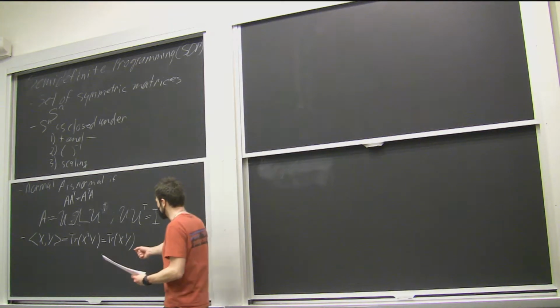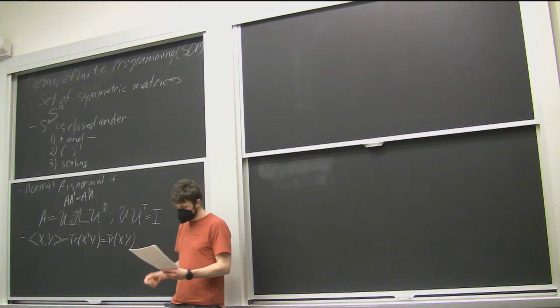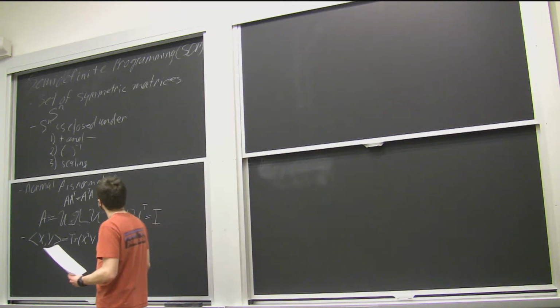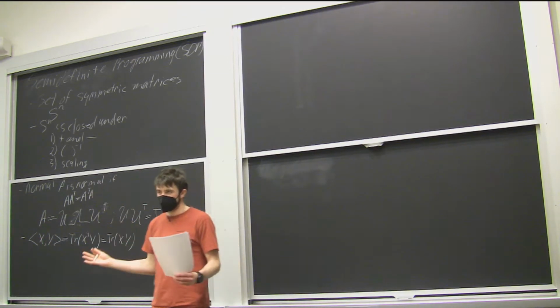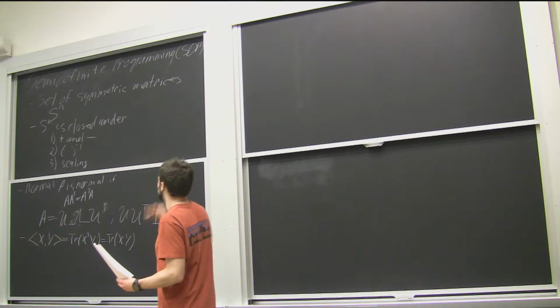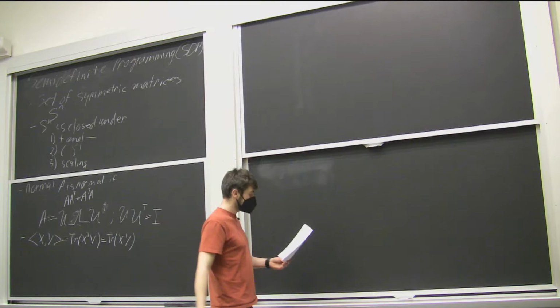This is the inner product that is most often used for symmetric matrices. There are a bunch of reasons why this works, but these are some of the properties that turn out to be extremely nice in symmetric matrices.